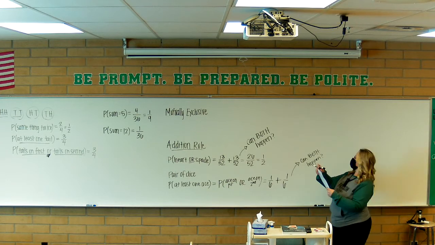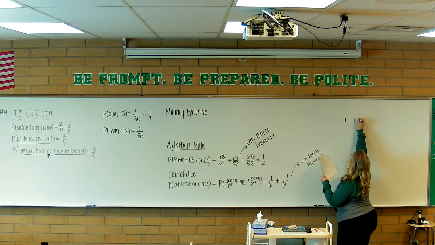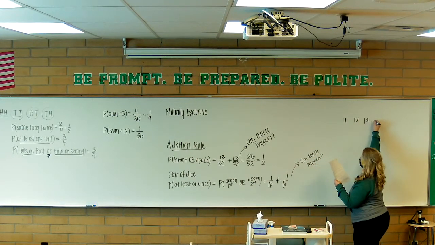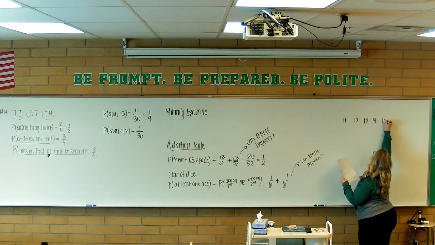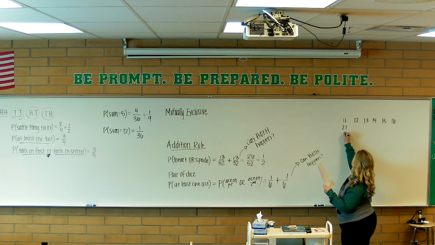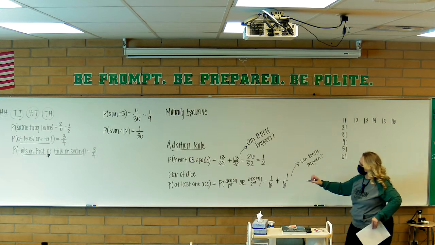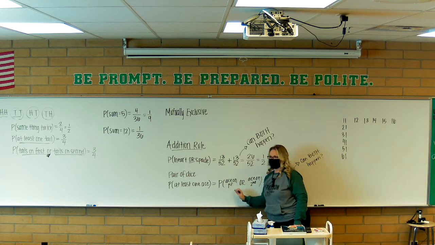So you have all of this data, all these ways that we could roll the dice. Now you have it on your paper, so I'm only going to write down the parts that I actually need. Probability of rolling an ace on the first.